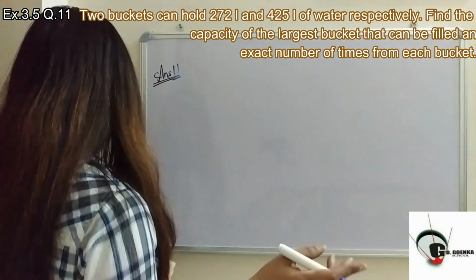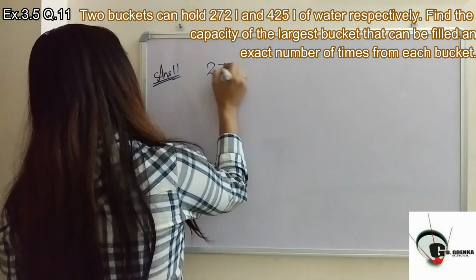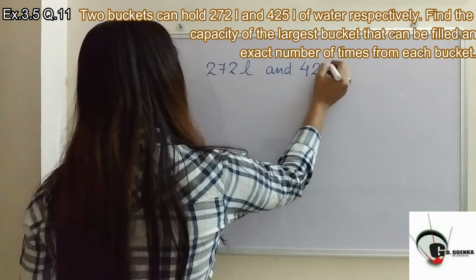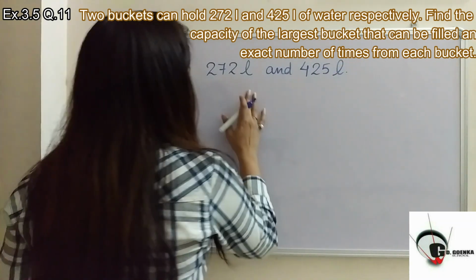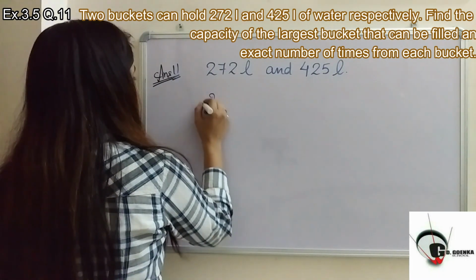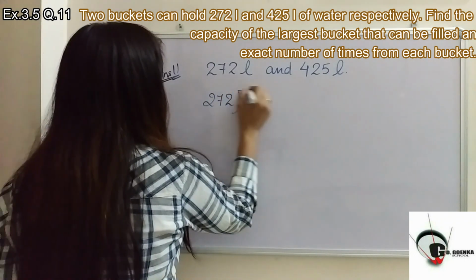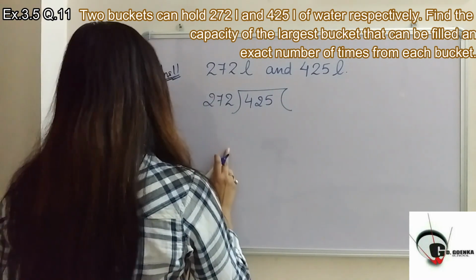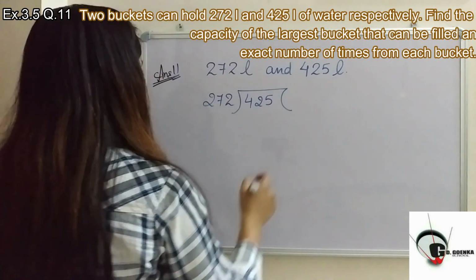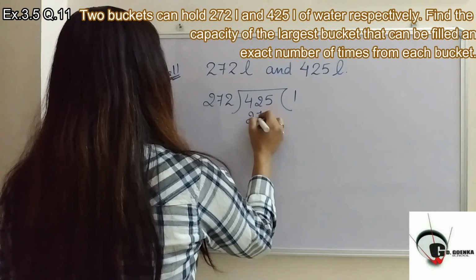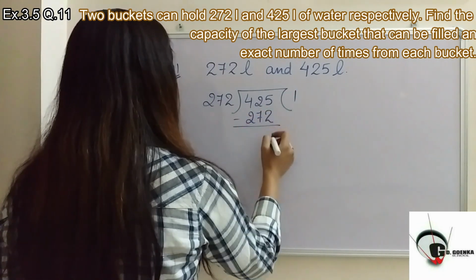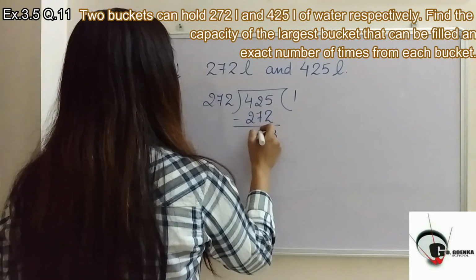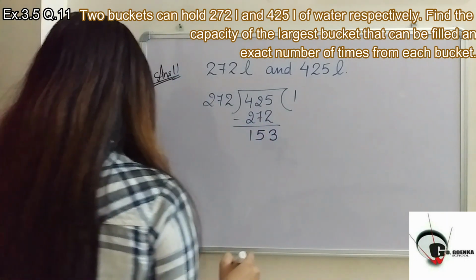So let us see. We note down the numbers, 272 liters and 425 liters. Here again the same procedure: 272 will become the divisor and 425 will become the dividend. So now children, 272 ones are 272. If I subtract, it will become 153.